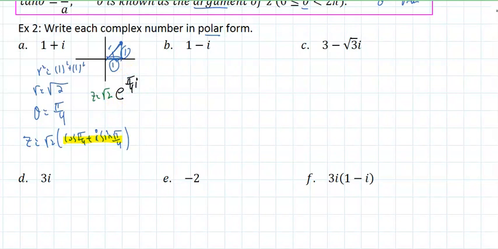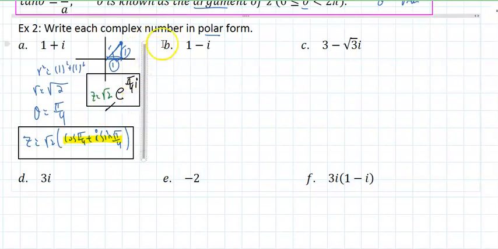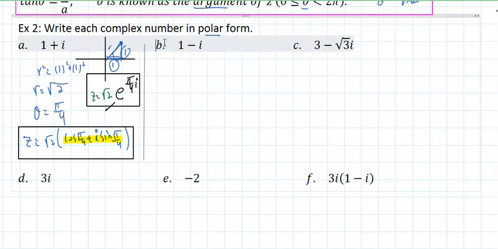When they say write it in polar form, the back of the book, you look at it, this is what they have. We're going to write it this way. Even though this book doesn't talk about Euler's formula, we're going to use it anyway. Why? Because that's going to save us 7 formulas: addition, subtraction, multiplication, division, raising to a power, 6 formulas, and finding the roots of unity.